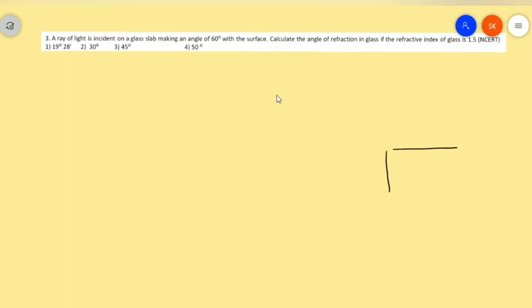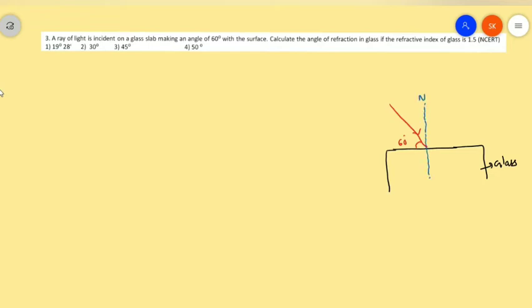The ray of light is incident on the glass slab, but at what angle? The ray of light is incident on the glass slab at an angle of 60 degree with the surface. Okay, with the surface how much angle is it making? 60 degree. And what is the angle of incidence in this? To know the angle of incidence, we have to draw the normal, right?